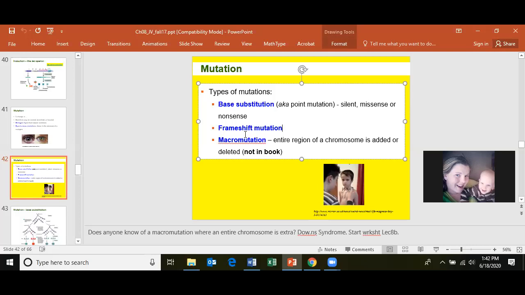You can also have a frame shift mutation. A frame shift mutation is when one or more nucleotides are removed from the DNA or are added to the DNA. I should really show you an example of a codon to talk about that.